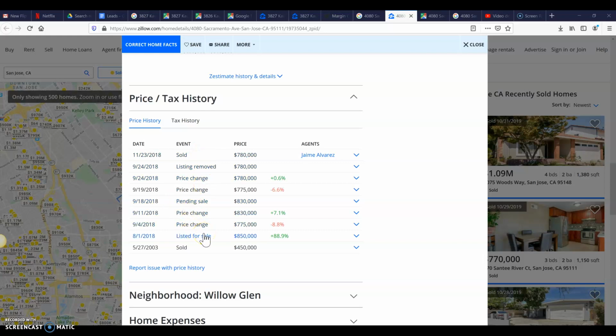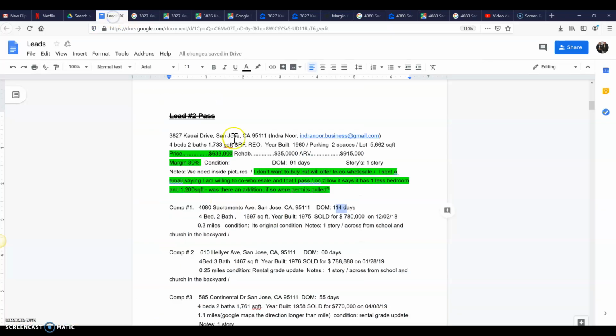Alright, just for clarification. Okay, so anyways, it was listed for sale on August 1st, and it went pending in September. So August 1st, that's 8/1, so that's 30 days plus 18 days. That's 30 plus 18, so that's 48 days. Okay? 48 days on the market. The person who did this, it's actually not accurate.